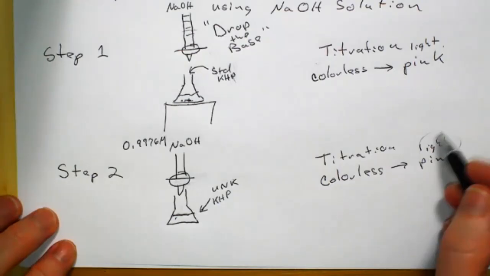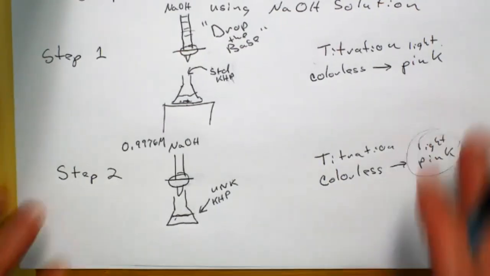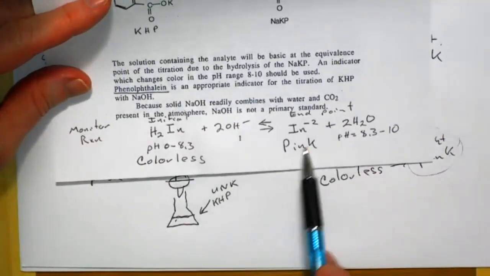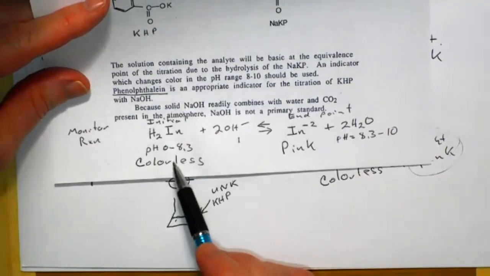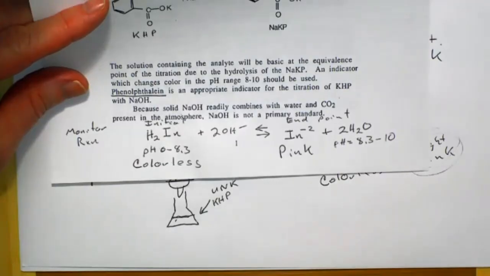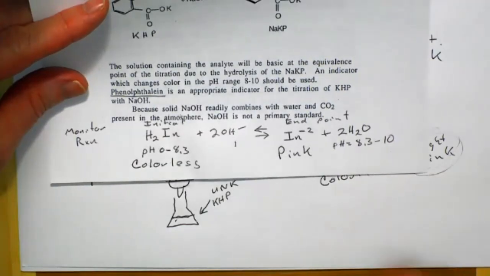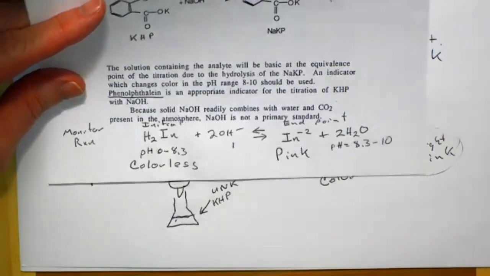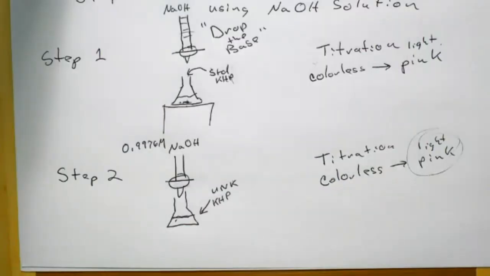So that's why we'll try to just get the first little bit of that indicator to shift from colorless to colored. And it's easy. Now, if this was red and this was pink, then we get an intermediate color where both of them are present, and it interferes with our endpoint. But because we go from colorless to pink, it's a very clear, very easy endpoint.